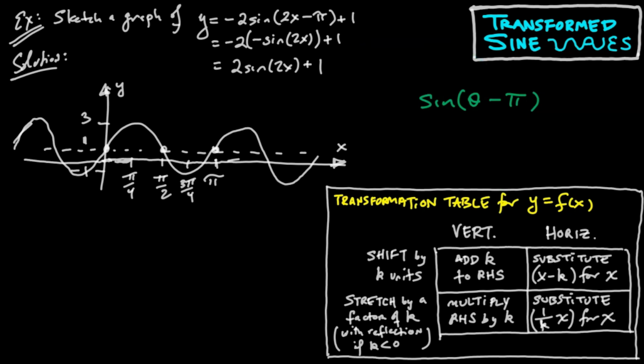Nobody in the world memorizes that sine of theta minus pi is minus sine of theta. It's true, but it's the kind of thing you just bash out when you need it, or when it seems strategically useful, as it did right here.